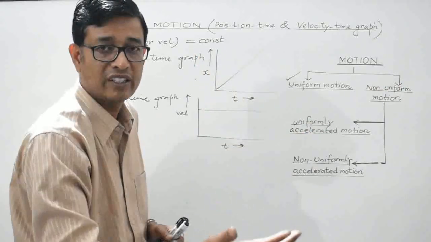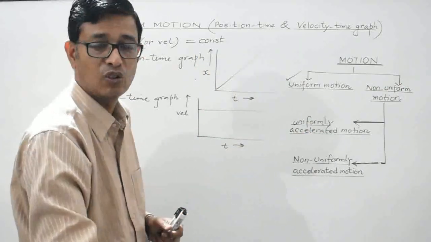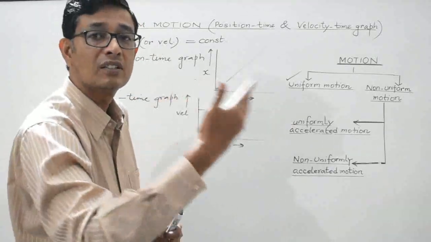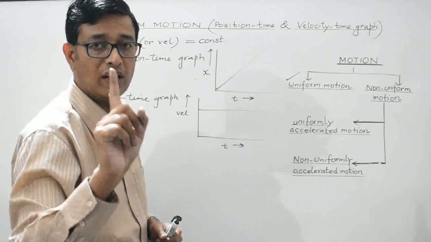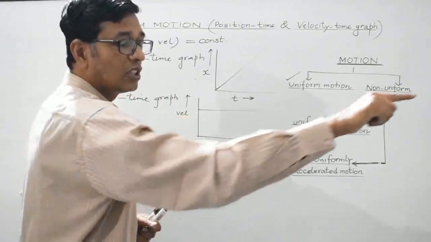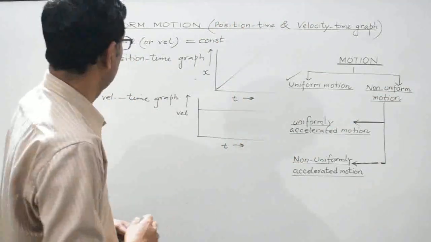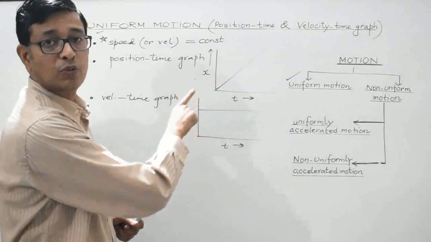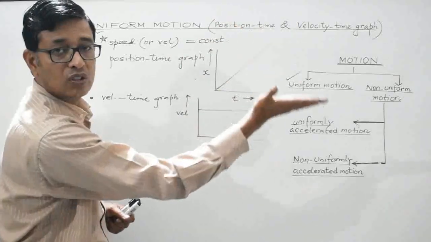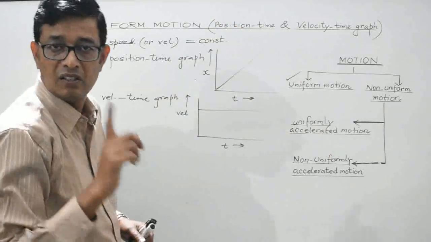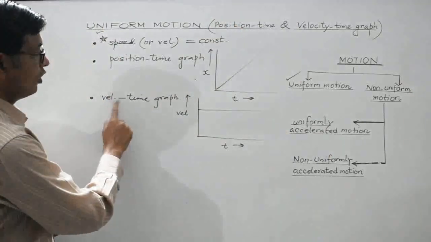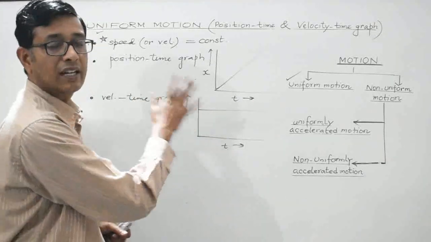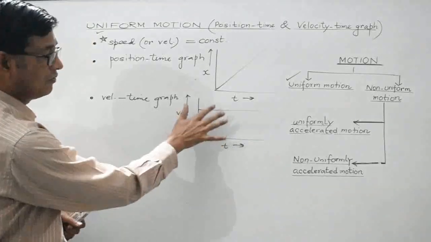When a body moves along a straight path, its distance is equal to displacement, and accordingly speed of the body would be equal to its velocity. Only in one-dimensional motion, when the body moves along a straight path. Right? Second important characteristic, the position time graph would be a straight line inclined towards the time axis. Third important characteristic, velocity time graph is again a straight line but parallel to the time axis, signifying that velocity is constant.